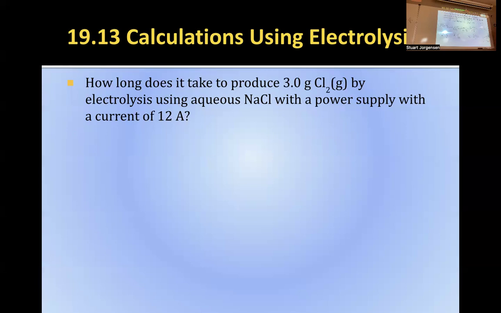You can leave it in seconds, it doesn't have to be minutes. 11 minutes, 23 seconds. What's the number in seconds? 680. Either of these would be appropriate.